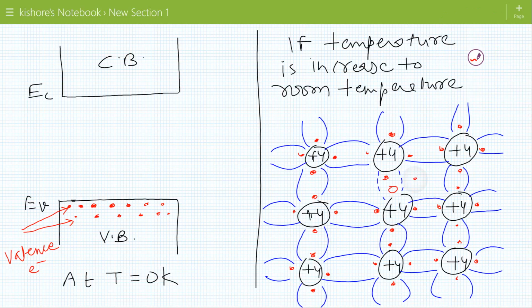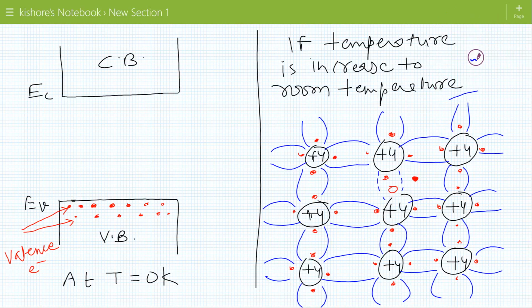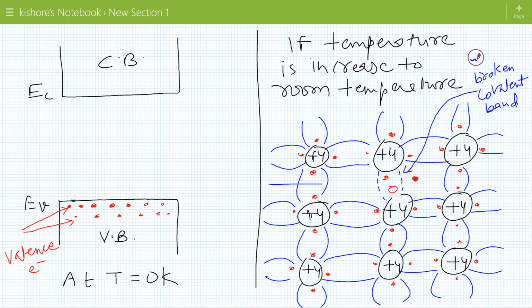This is a broken covalent bond, and this is a hole, and this one is the free electron.